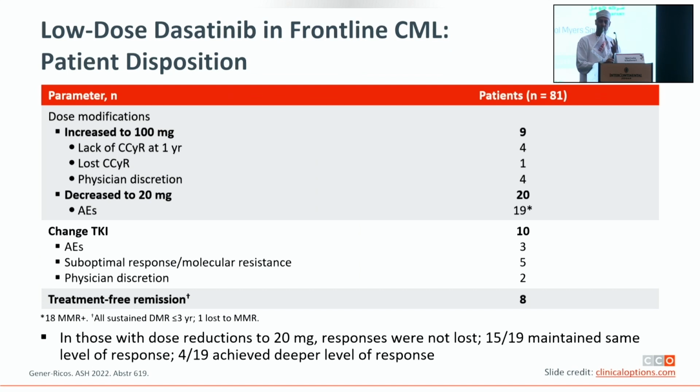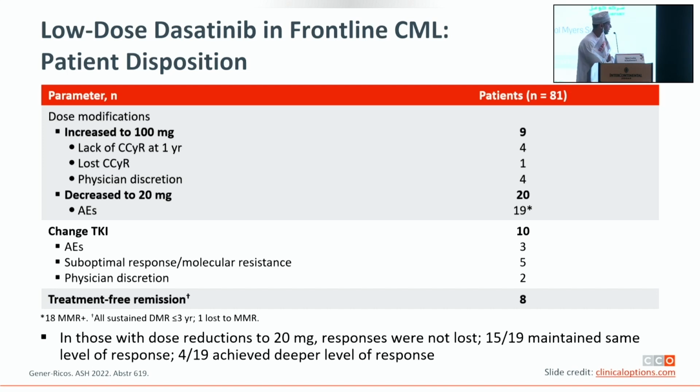Now, what happened to those patients? 9 out of 81 had to be increased to 100 milligram because of these indications. 20 out of 81 could be decreased to 20 milligram once daily, mostly because of adverse events.